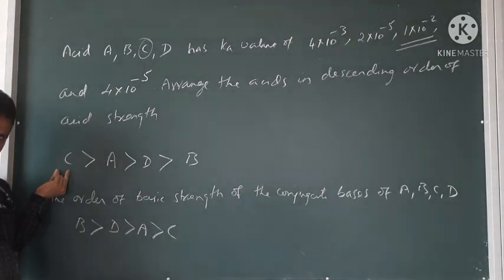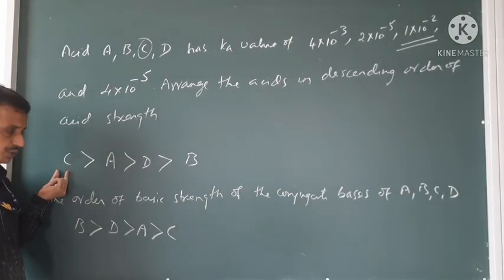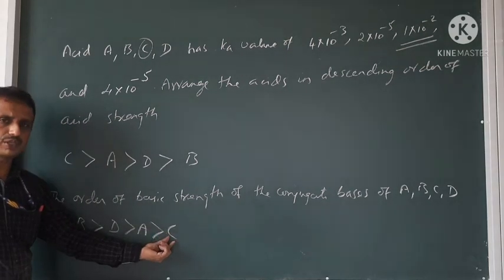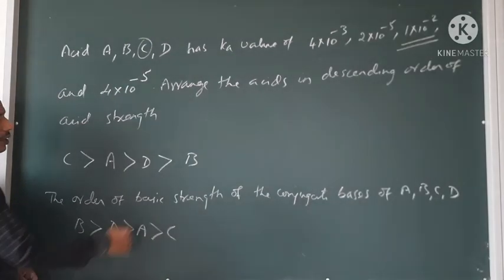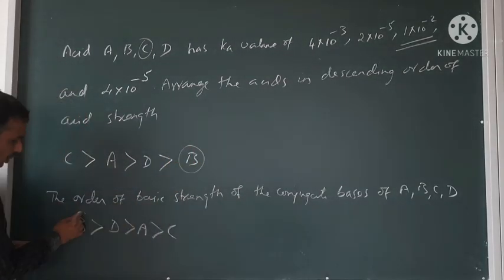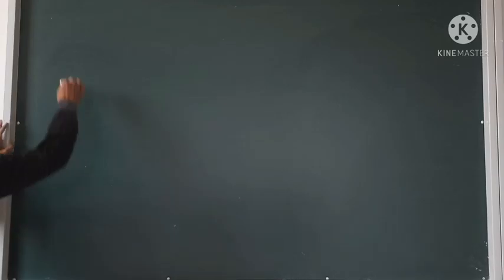If the acid is stronger, its conjugate base will be weaker. That concept you have used. If the acid is weakest, its conjugate base is strongest.